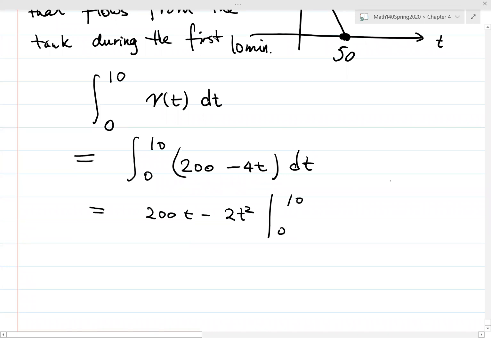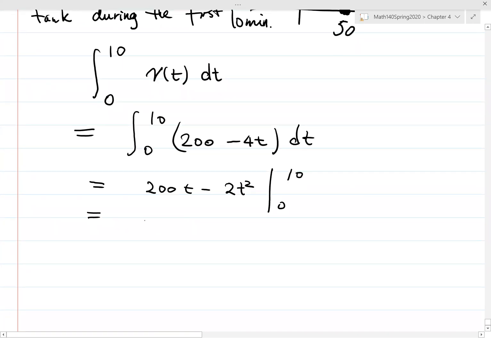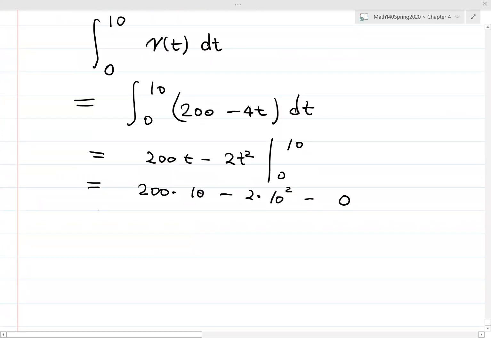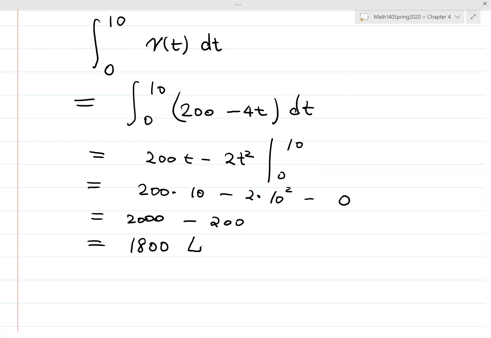Plugging in 10, we get 200 times 10 minus 2 times 10 squared, minus when t is 0, where everything is 0. So we get 2000 minus 200, which is 1800. The unit is liters. So we have this many liters of water flowing from the tank.